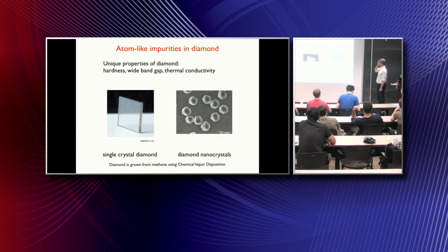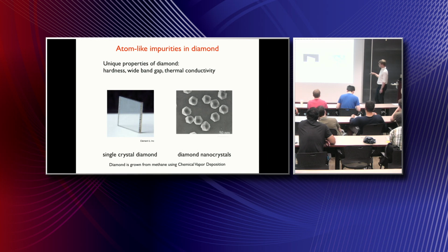To create these impurities, you usually start with a material which is extremely clean, and diamond has a few unique properties. For example, it's very hard, it's very wide band gap, and it has a very high thermal conductivity.